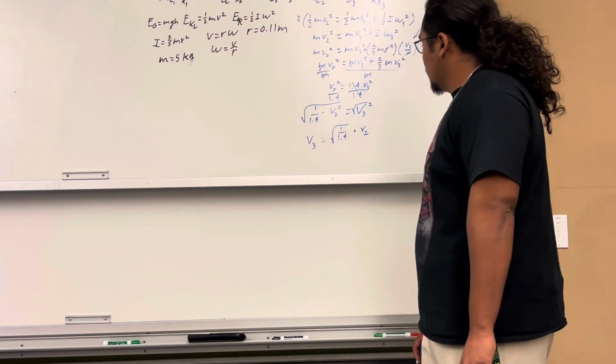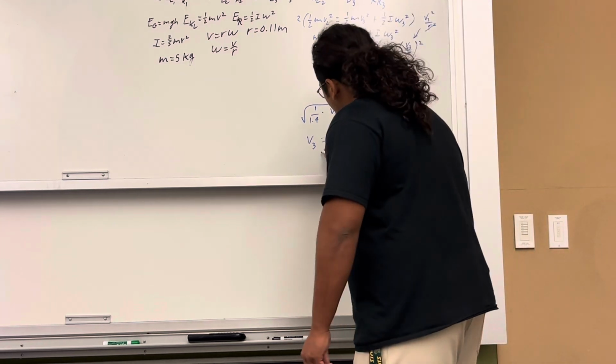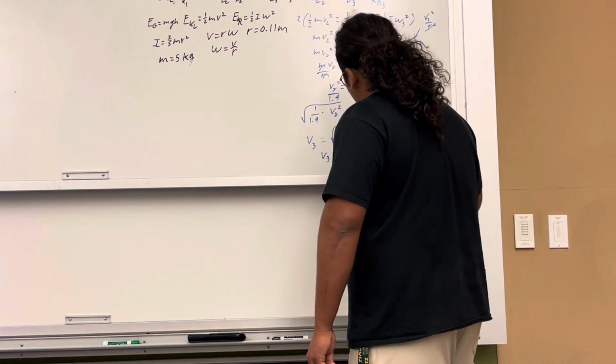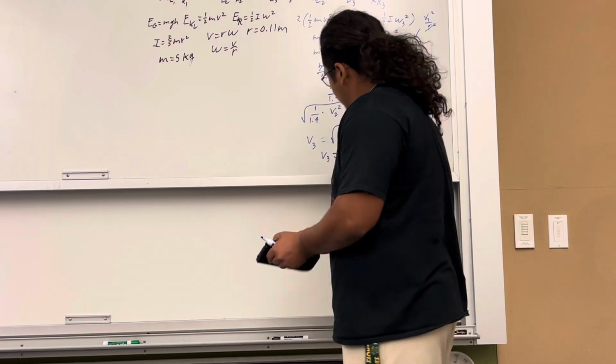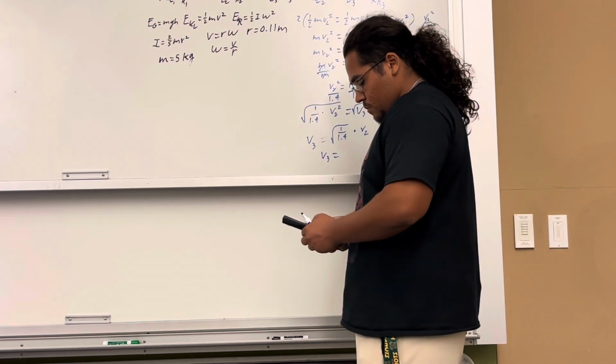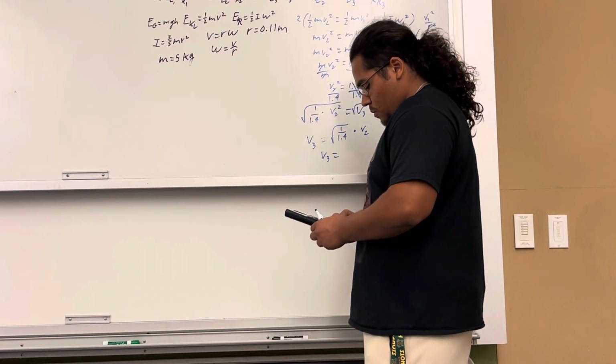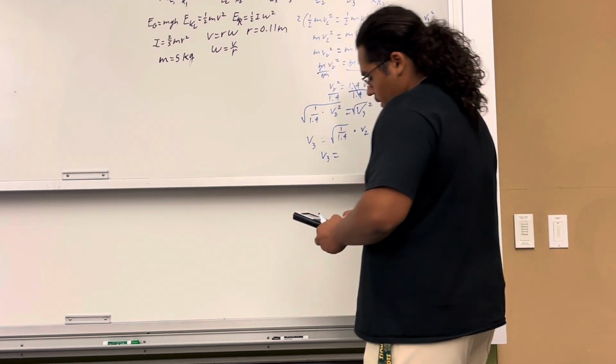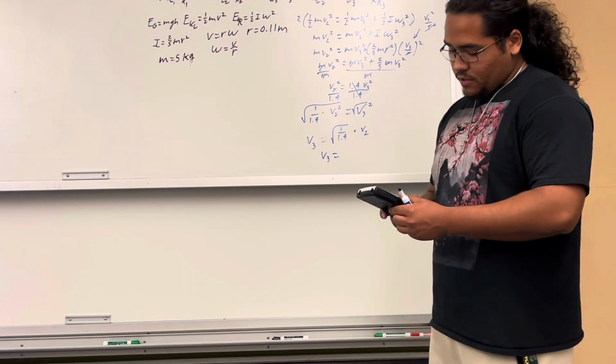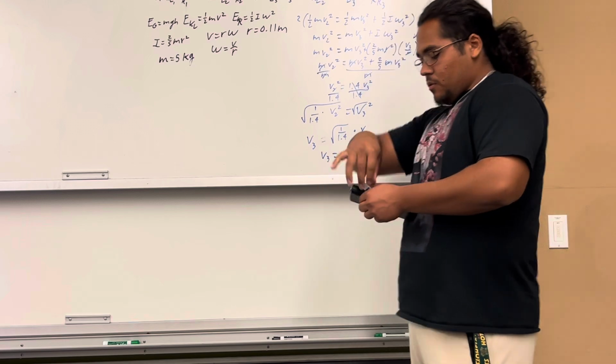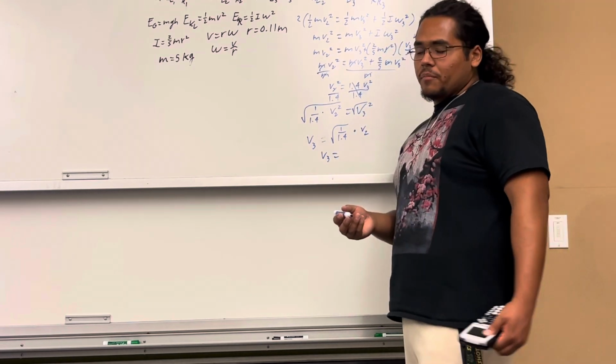Now it's just plugging in numbers. So v3 equals the square root of this times v2, which was 4.6, what we solved earlier, which we get 3.88, but in this case we say 3.9.